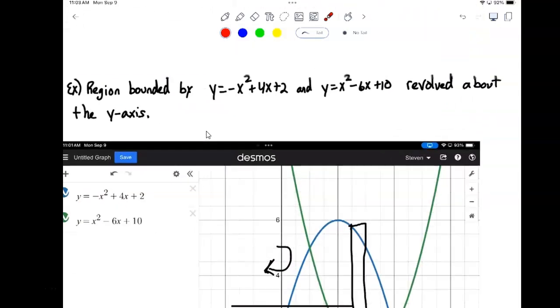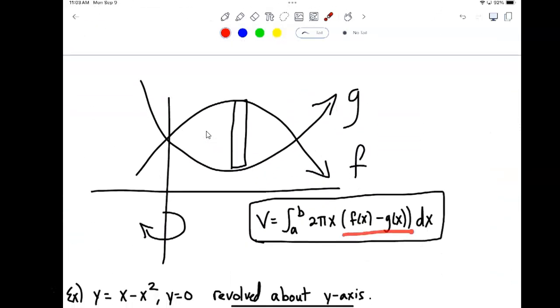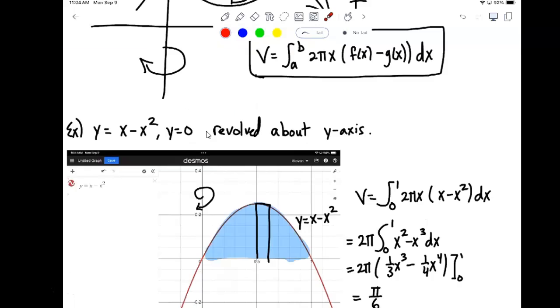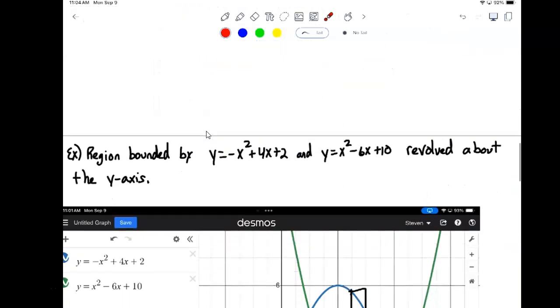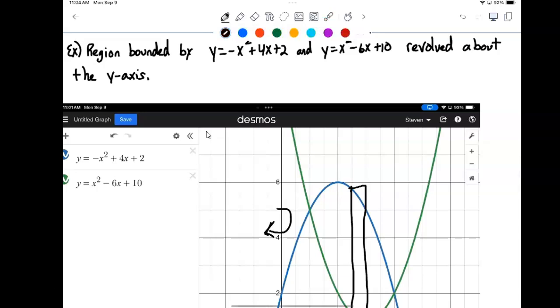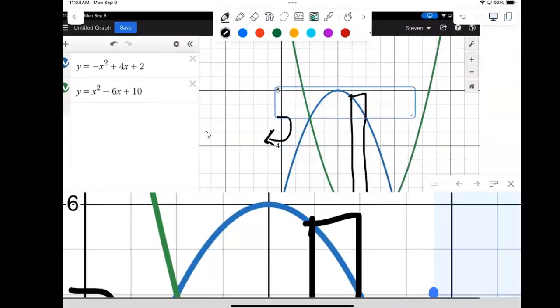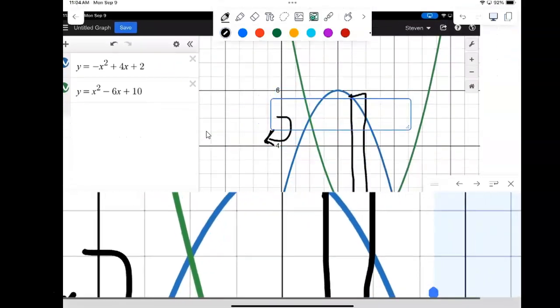As we saw, we're just going to do the difference of the two functions, still have the rest of the formula there, 2 pi x. So let's go ahead and do this shell version of this problem, which would be extremely difficult and painful if we did it with washers.